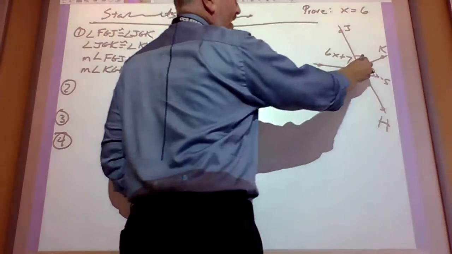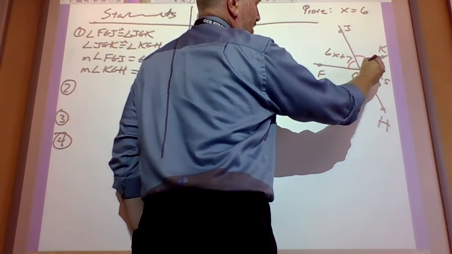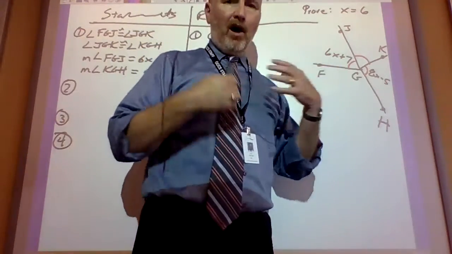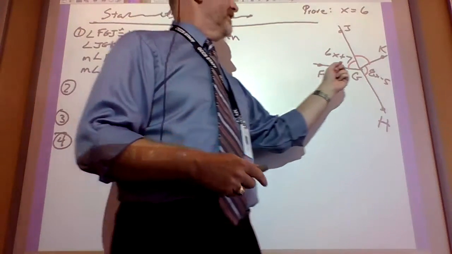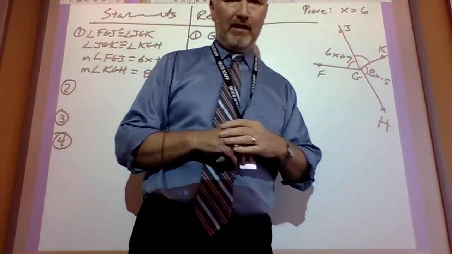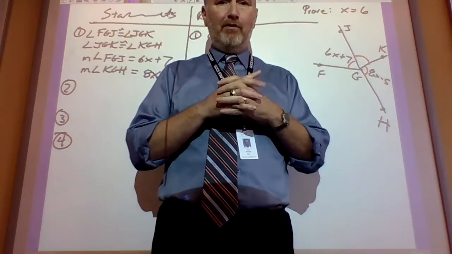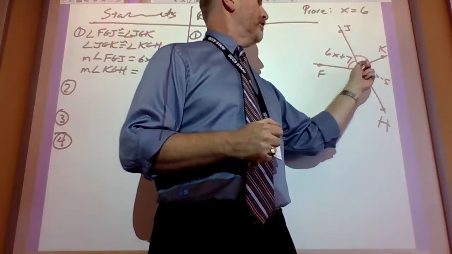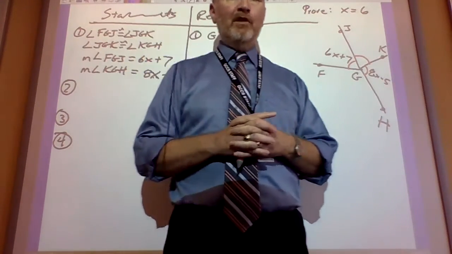So if he and he are the same, and he's got a red swoosh, that means I should be able to put a red swoosh on him, which basically tells all of us, because we're geometry students, that all three of those angles are the same. But you have to keep in mind, the average person who doesn't have a geometry class or Mr. Metcalf might not know that those swooshes mean all three of them are the same. So we're going to have to explain that to our jury.